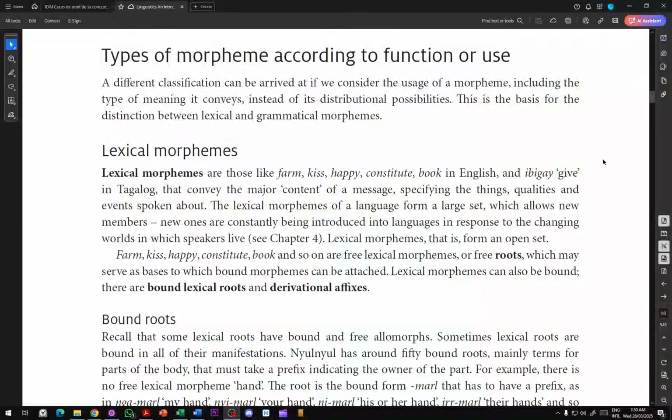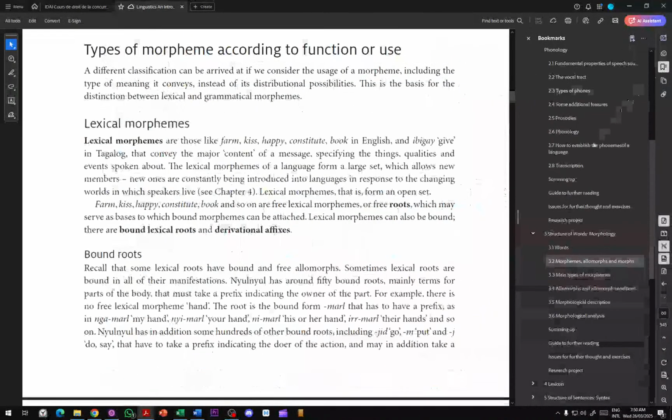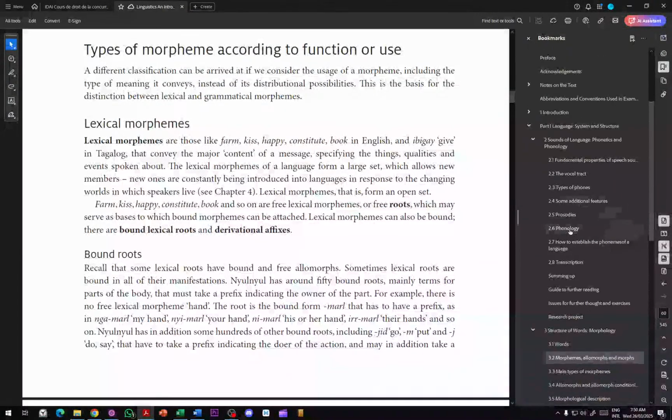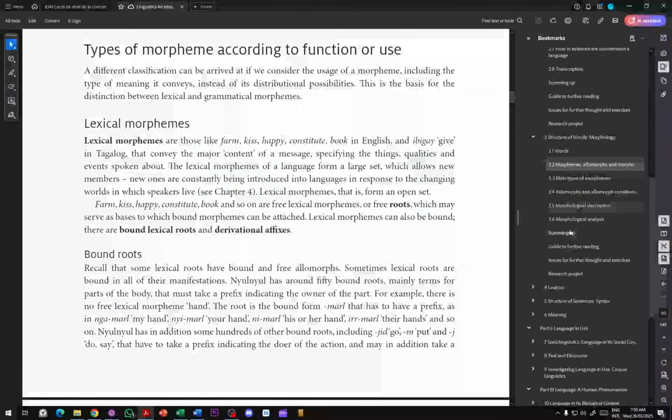In this stream we are going to continue chapter 3 on morphology. I'm wondering again whether I should read the entire book or just read part 1.